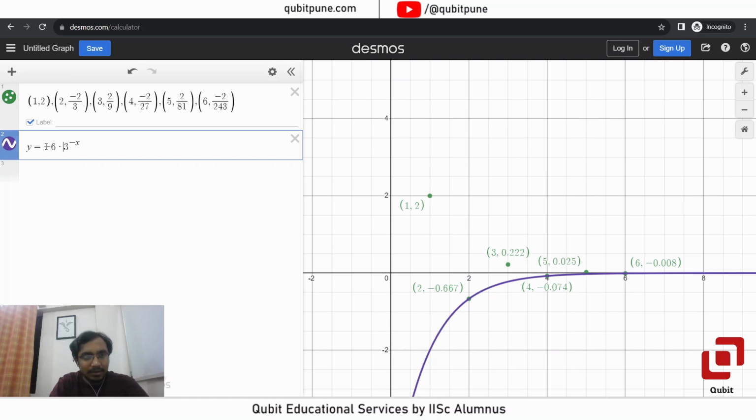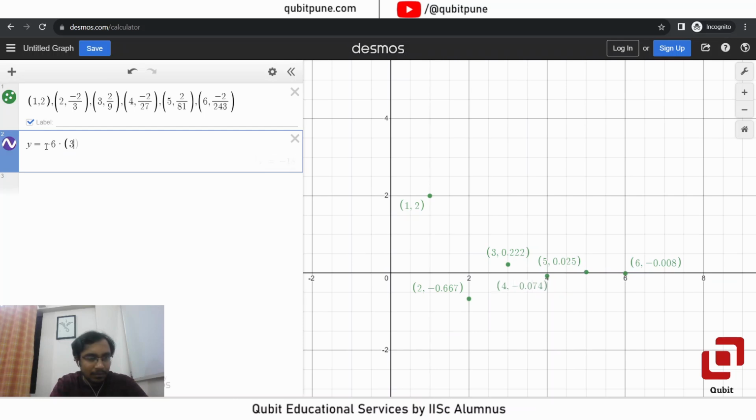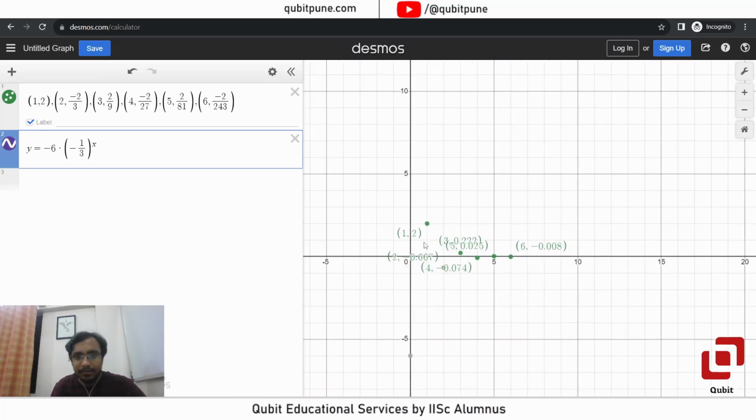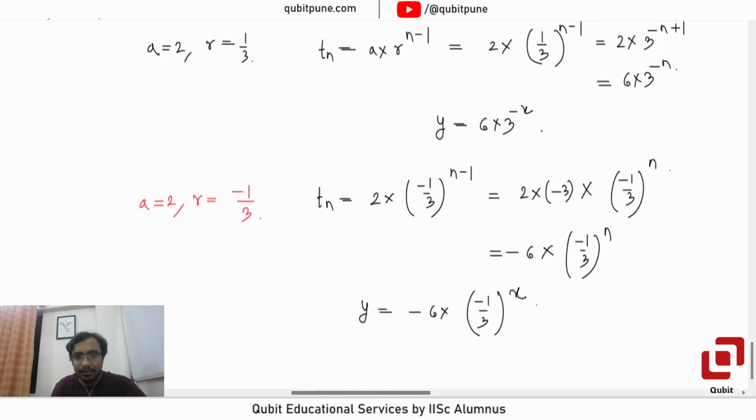Negative 6 into negative 1 upon 3 raised to x.